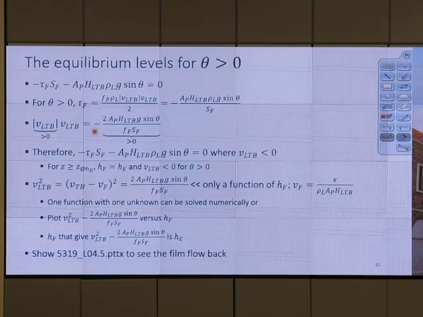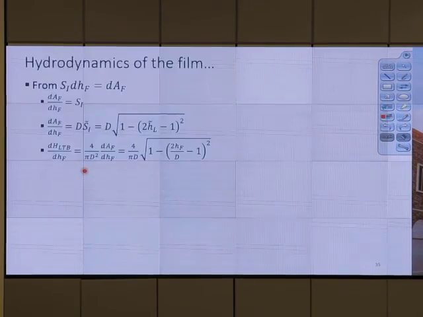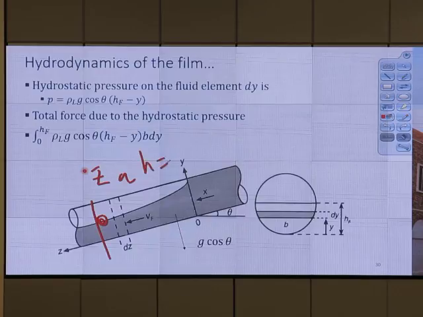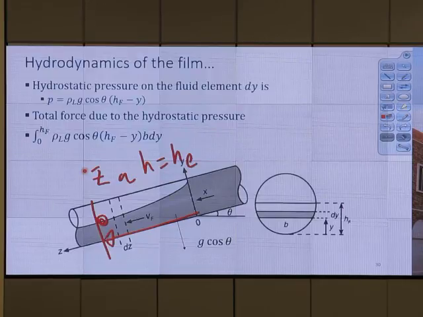If we have Z greater than Z at equilibrium liquid height, look at this carefully. This means we are far back from the height. So let's say the equilibrium liquid height is over here, and this distance is Z at H equal to H_E.